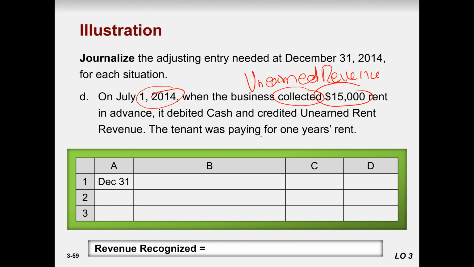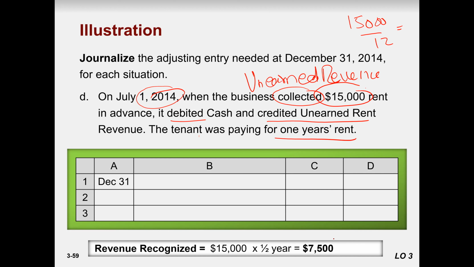So they debited cash, so they make the entry cash to unearned revenue. So the tenant was paying for 1 year rent. So 15,000 divided by 12, how much for 1 month?